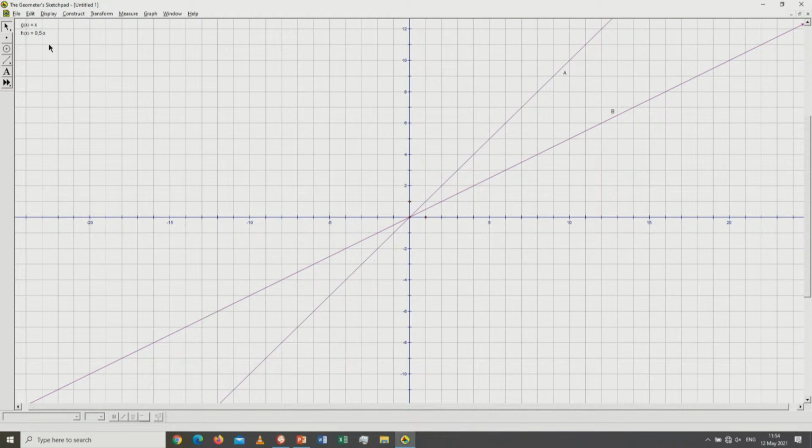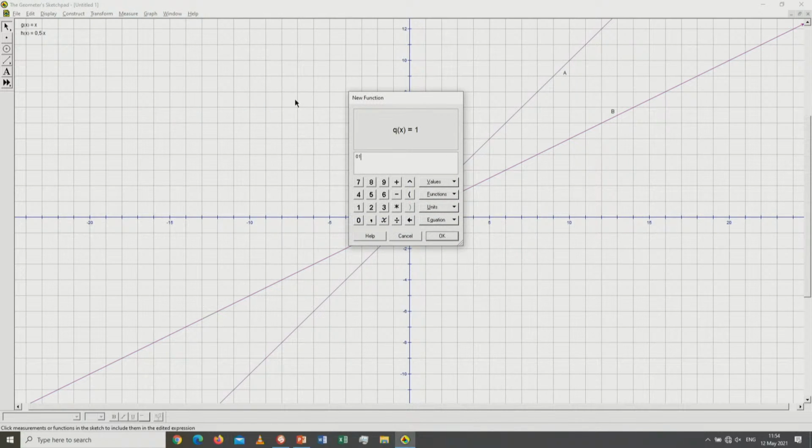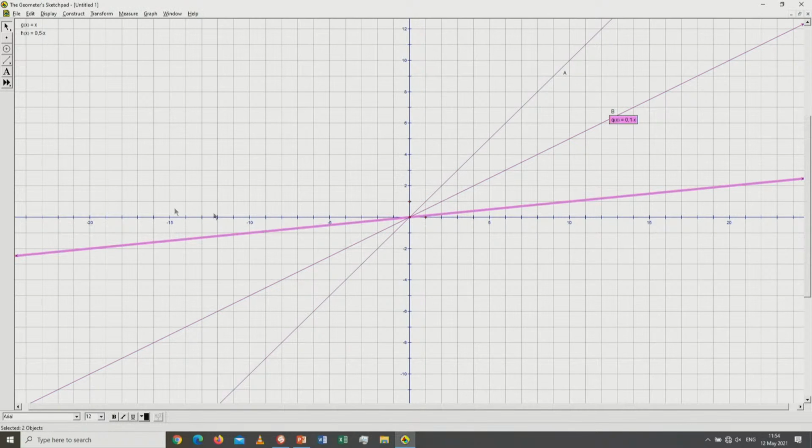Now, when the values are getting smaller, what is happening to the graph? You can see the graph is moving away from the y-axis. Let me take one less than 0,5, 0,1x.